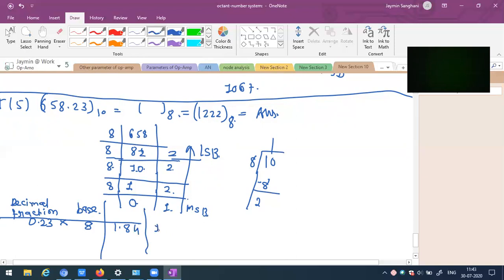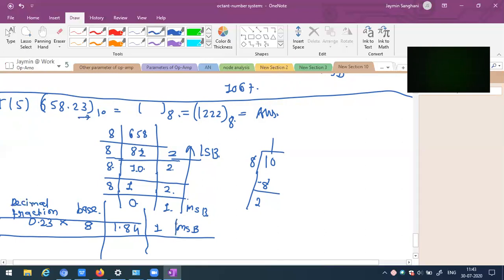So here 1 is considered as the MSB, most significant bit. Why? Because the power of the point is decreasing: 8 raised to minus 1, 8 raised to minus 2, 8 raised to minus 3. We have already studied that. That's why it is known as MSB.